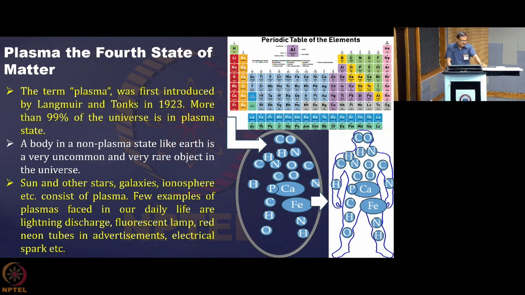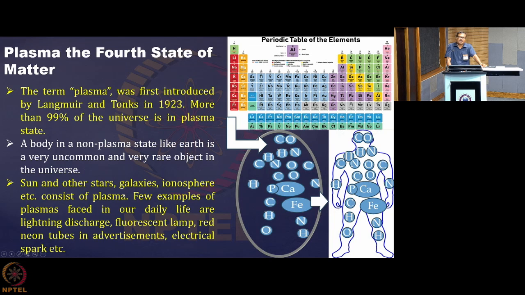But it is really an uncommon and unlikely object in the universe, a body like Earth, because most of the universe is in the plasma state. I always say that our Earth is run by fusion energy, because if there were no sun, we would not survive.